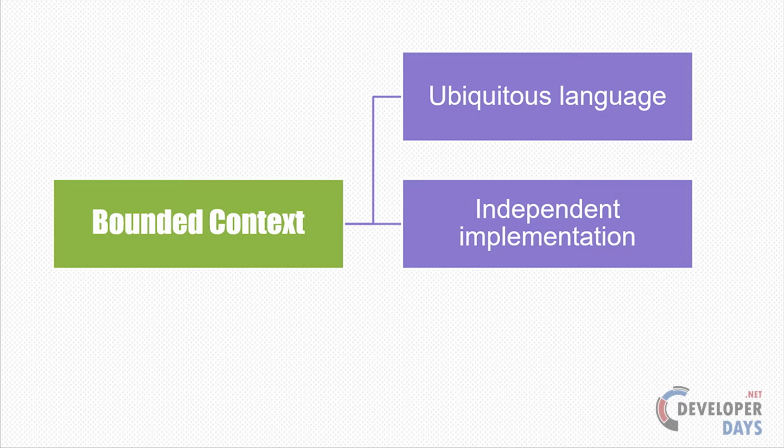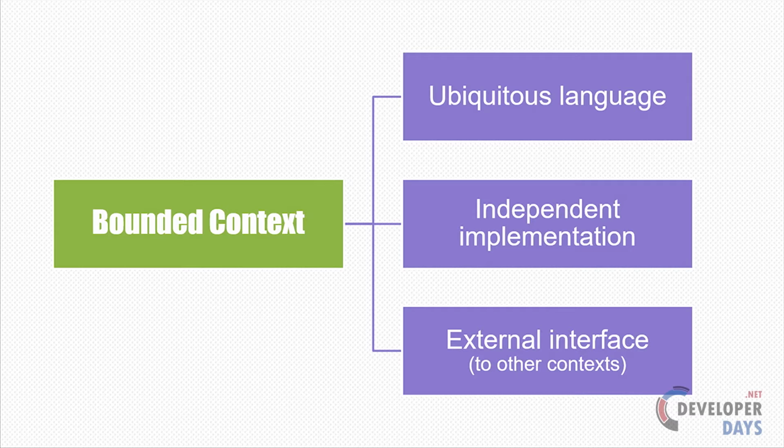That's a geographical metaphor, like the federal regions that many countries are organized in. And so you use your own language, independent implementation, and wherever necessary, a contracted, well-known, explicit interface to connect to other contexts.